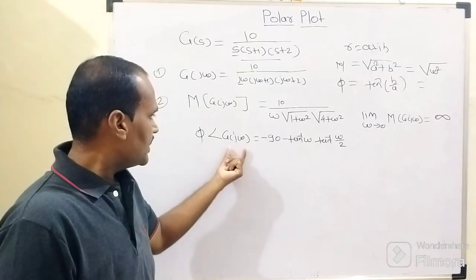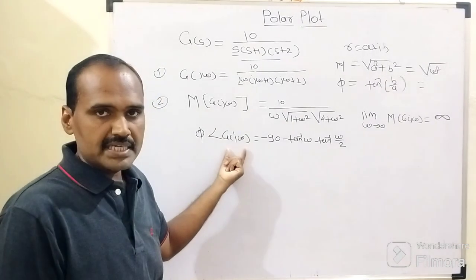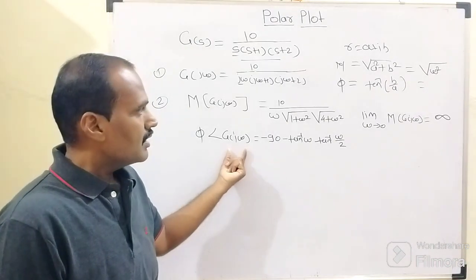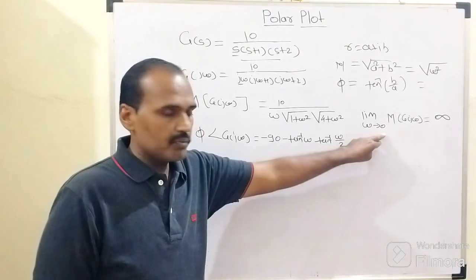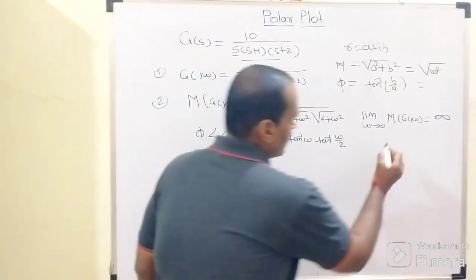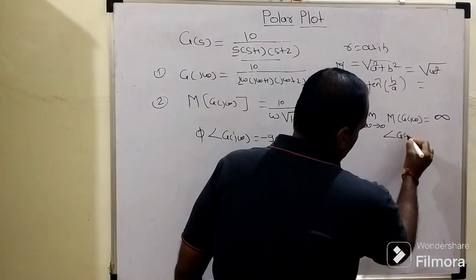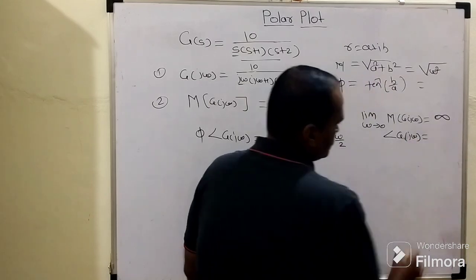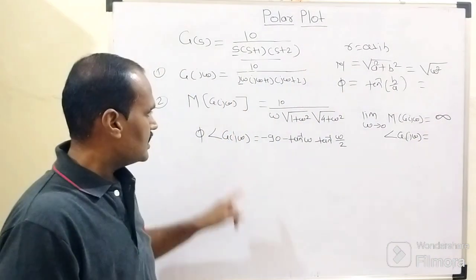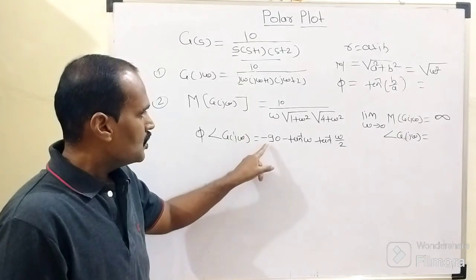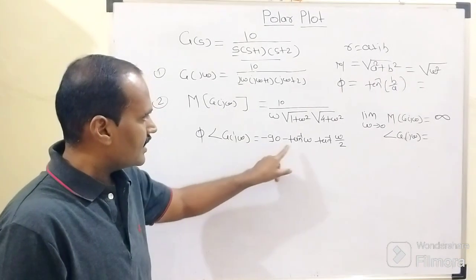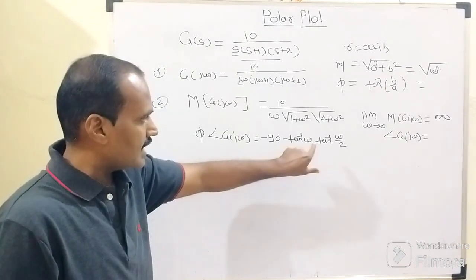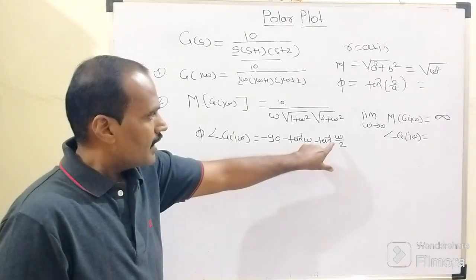At the same time, we need to determine the phase angle of the given control system by putting omega equals 0. So here I will write the phase angle of this g of j omega equals, when omega is 0, minus 90 degrees minus tan inverse of 0. So tan inverse of 0 is 0.